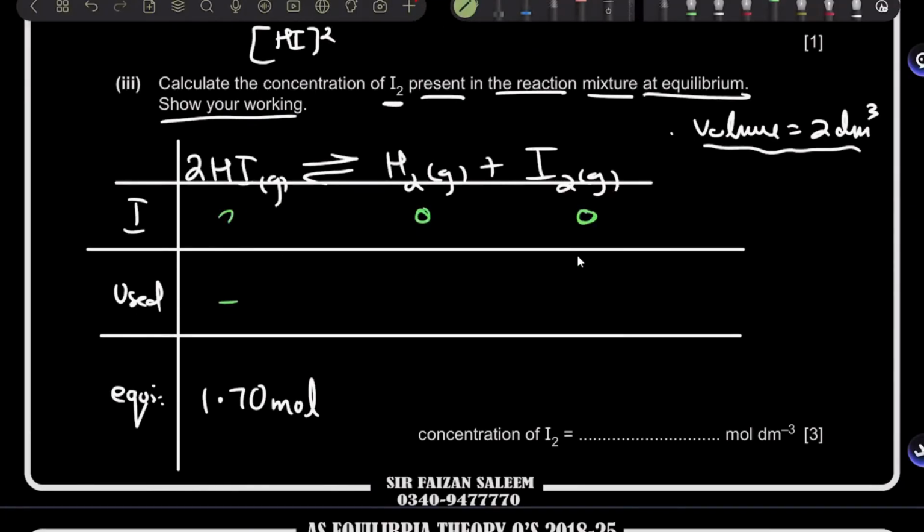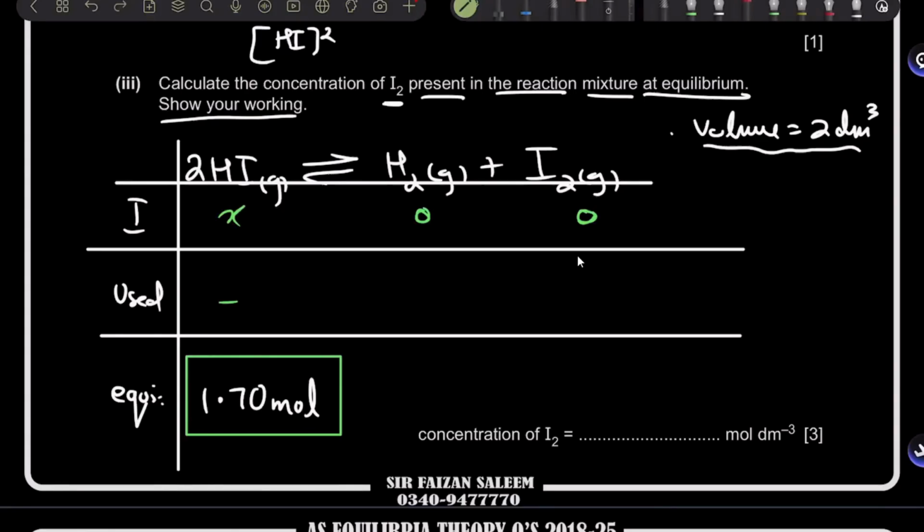I do not know how much I had initially over here. All right. But I do know that an amount was used over here, and then at equilibrium, I had 1.70 moles left of HI. Right? Yep. So now what I'm going to do is I'm going to forget about the initial moles of HI. Without that, I can do the question. How? I can assume that X moles were used from here.